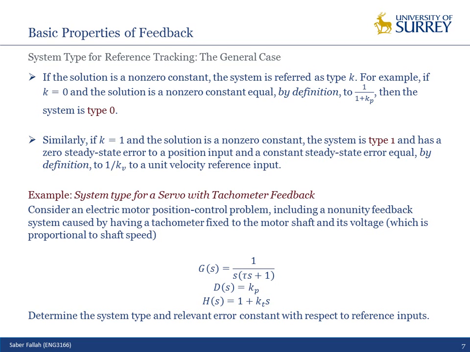The controller is a simple proportional control, Kp. And the transfer function for the tachometer is 1 plus Kt s. We want to see what the system type is and what the steady state error of the system will be if I have a tachometer in the feedback.